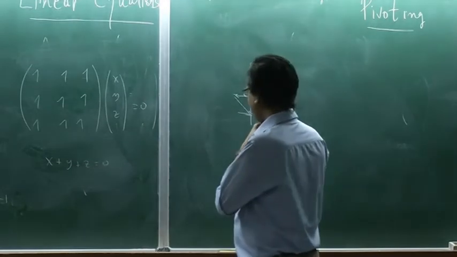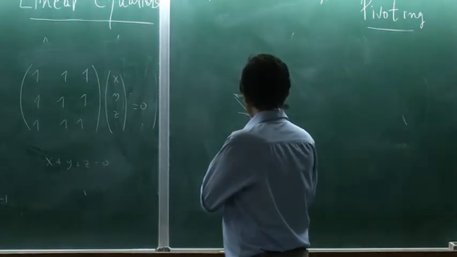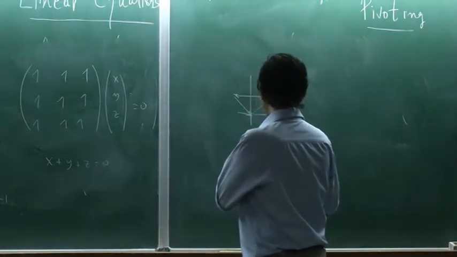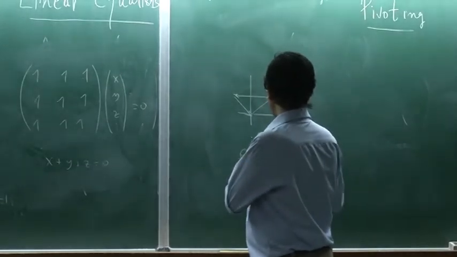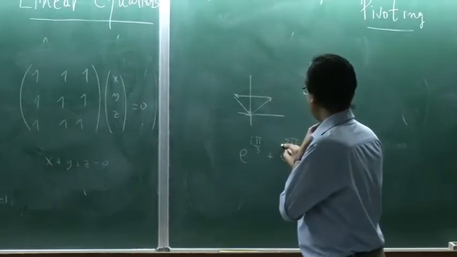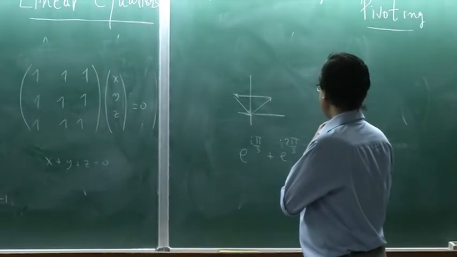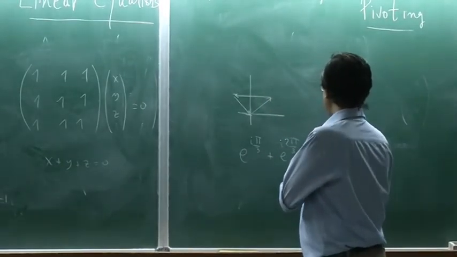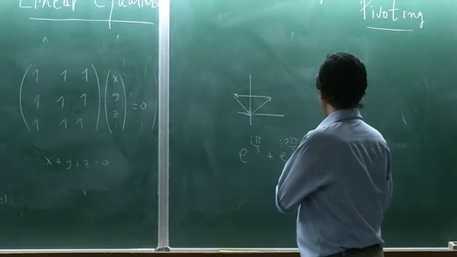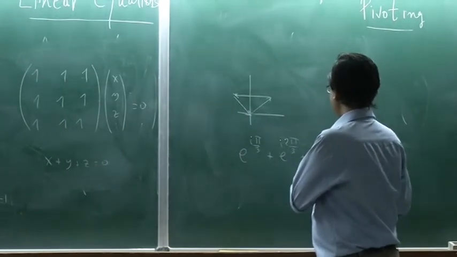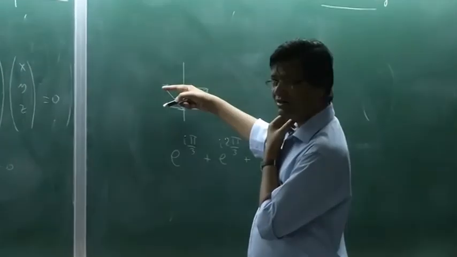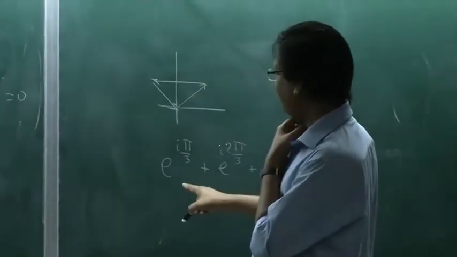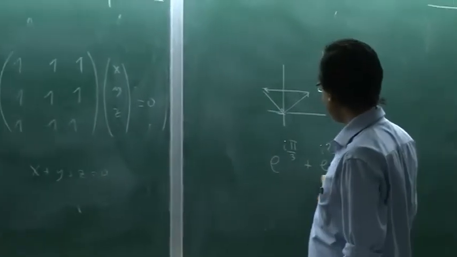So I want to think of e to the power i pi by 3 plus e to the power i 2 pi by 3 plus e to the power i 3 pi by 3, which is minus 1, should give you 0. So I can make these x, y and z.